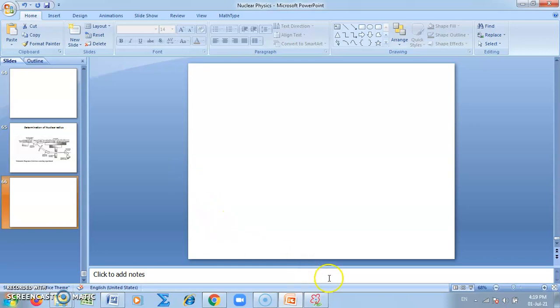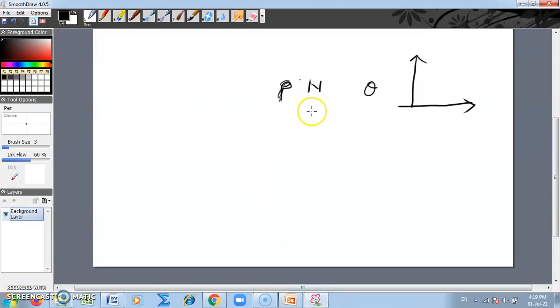So what they do is, they draw a graph, and they get this kind of graphs for different beams at different angles. After that, comparing this with the theoretical value of scattering, a somewhat approximate result is obtained.